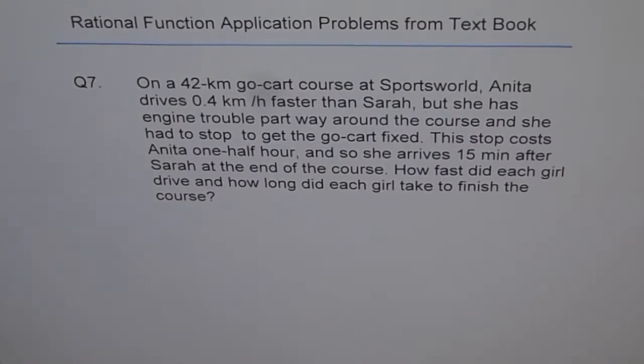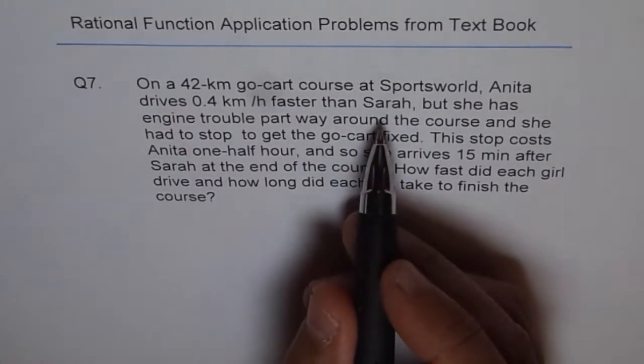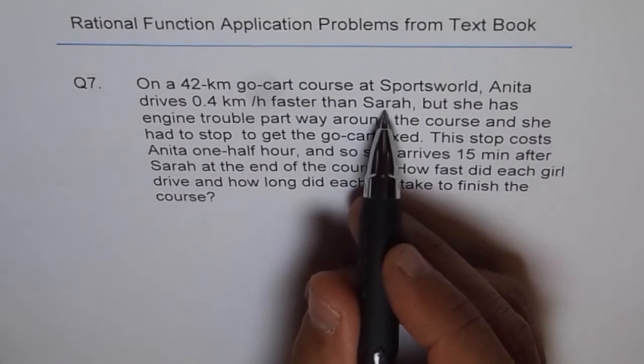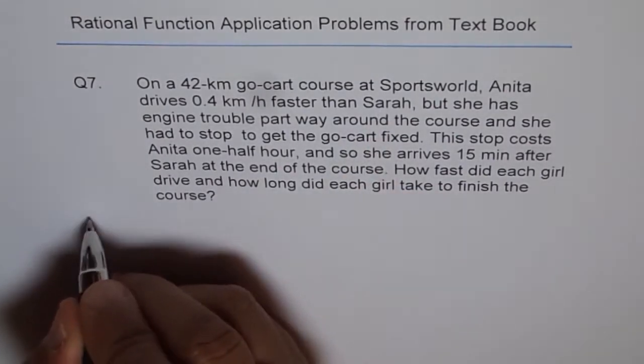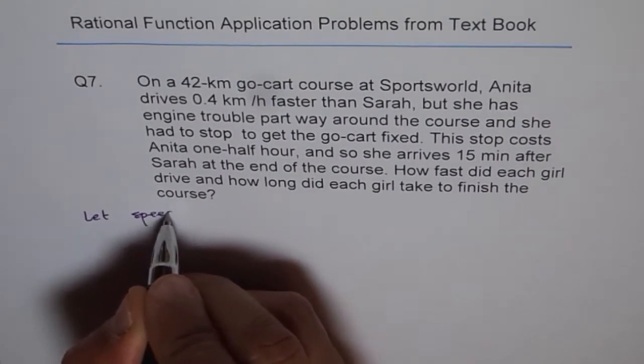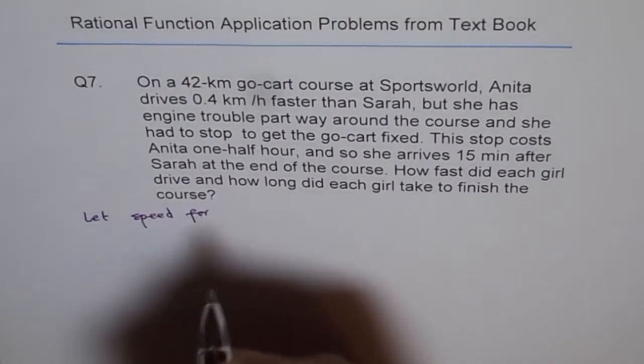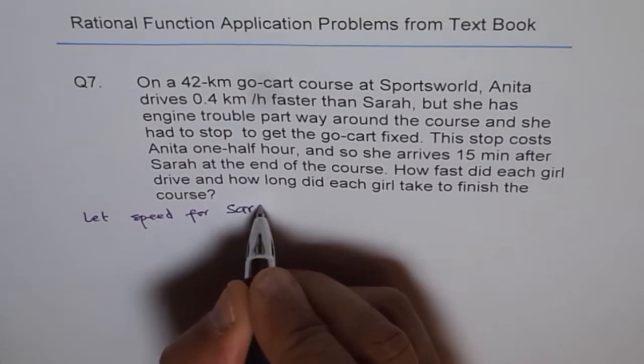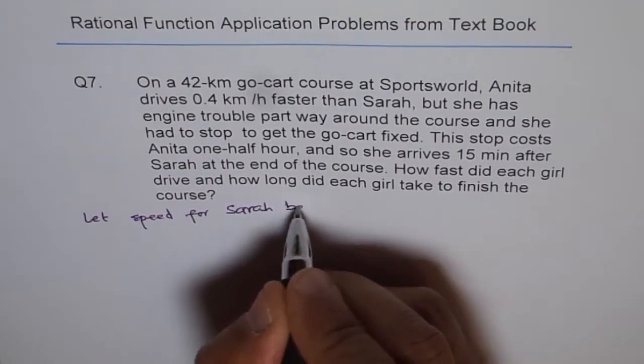Okay, so the total distance they covered was 42 kilometers, right? Let's assume that the speed of Sarah was s. So let the speed for Sarah be s.